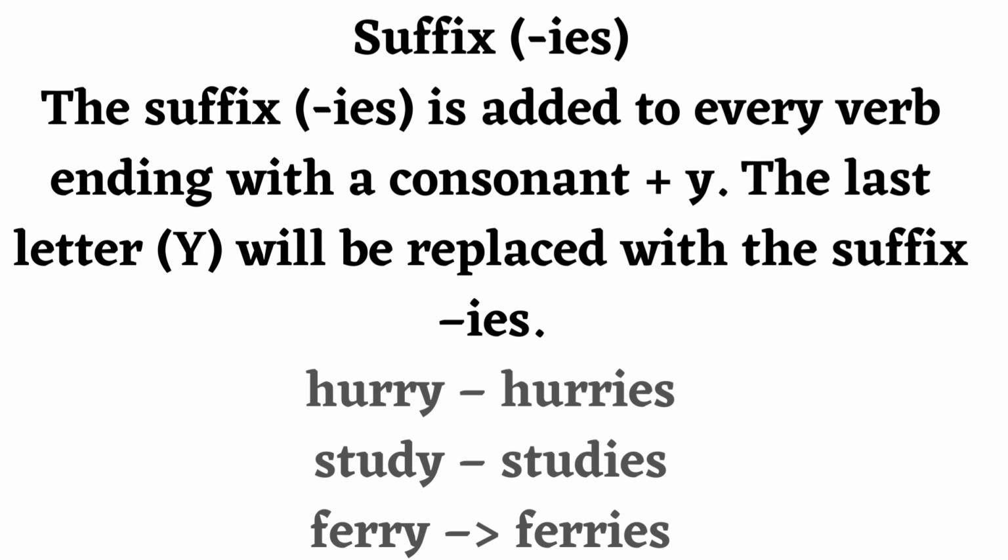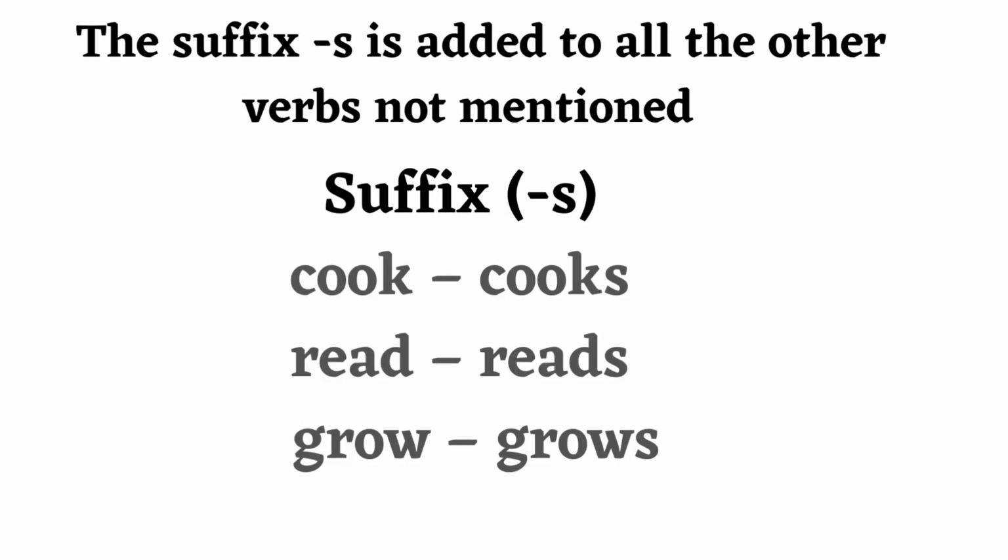For example, in the word hurry, we will replace y with ies and it will become hurries. Study becomes studies. Ferry will become ferries. For example, the porter always ferries the goods every 2 hours. The boy always hurries to school every morning. He studies in the morning for his tests.